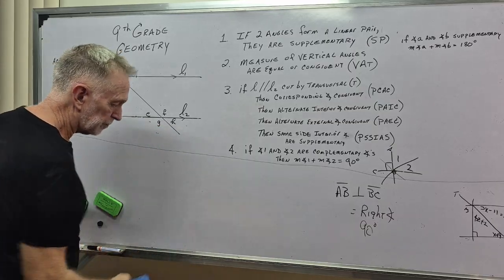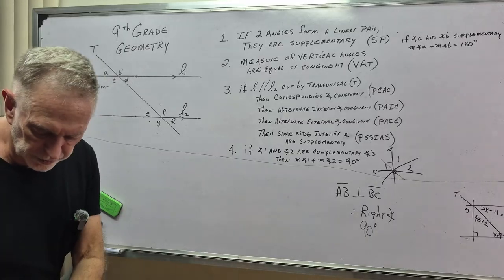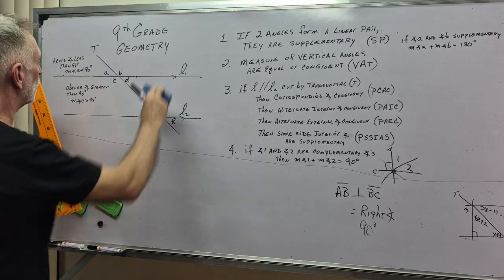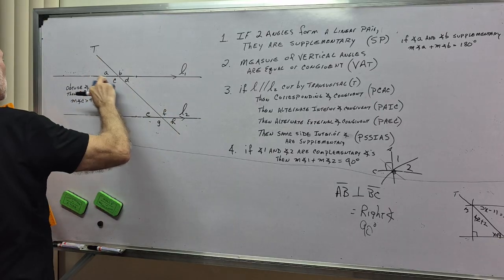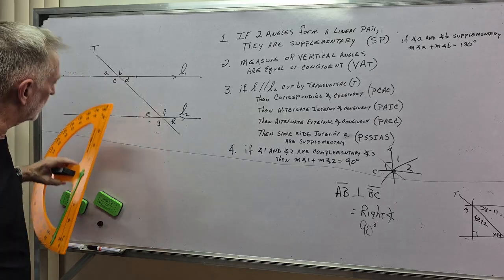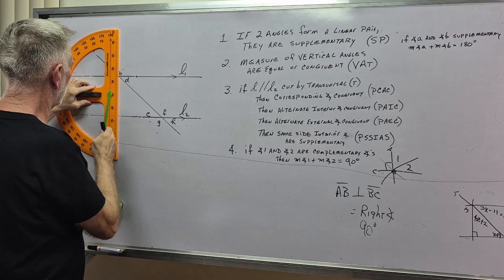Okay. Now, I've written this over in the corner. One thing I need to do, I need to add a vertical line. So I'm going to add a vertical line here.